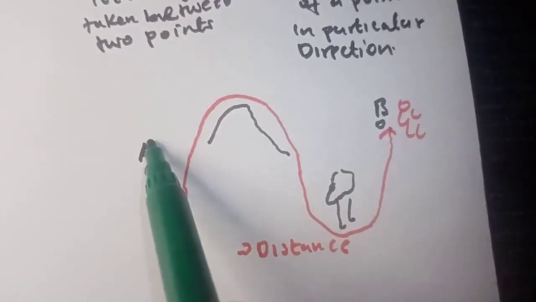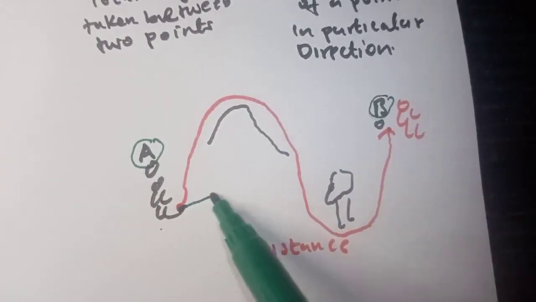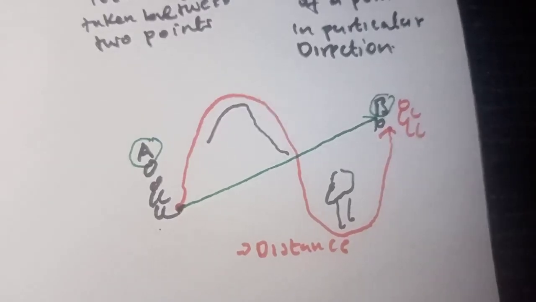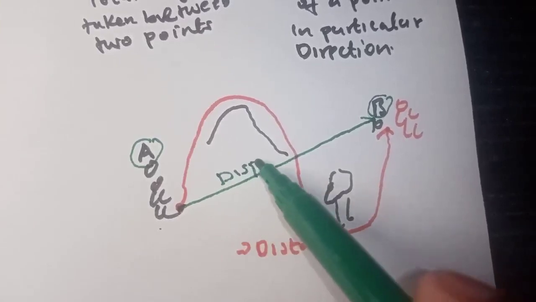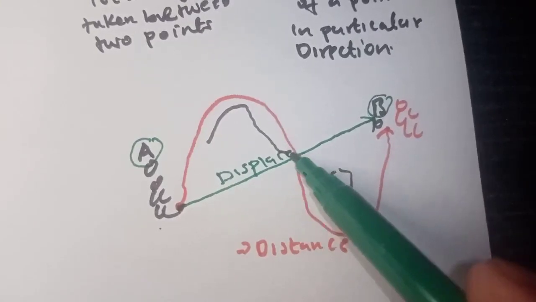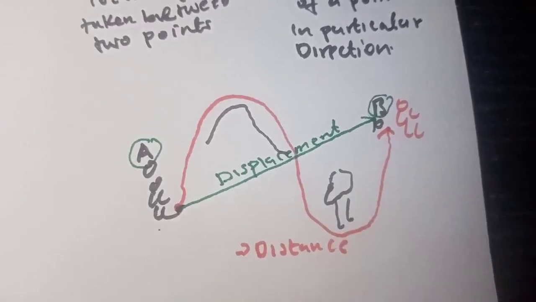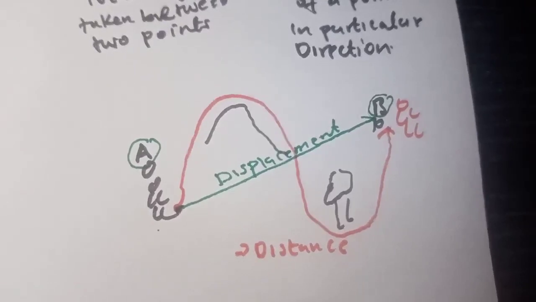You are at position A, and you want to go to position B, so you simply change position like that. This one is displacement. The one in red is the distance, the whole difference, when you look at it like that.